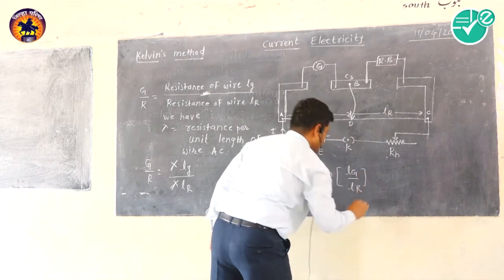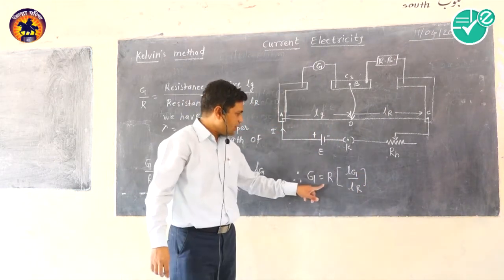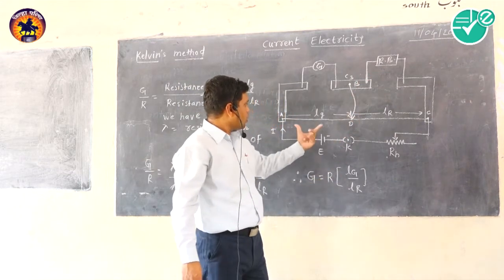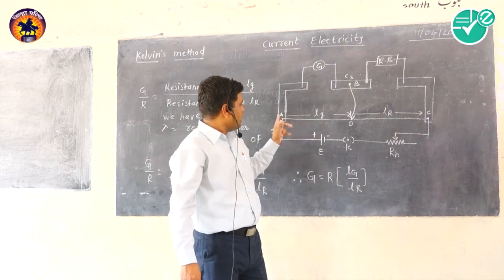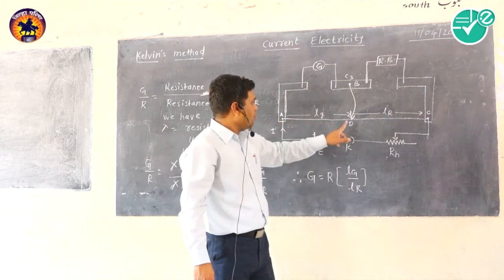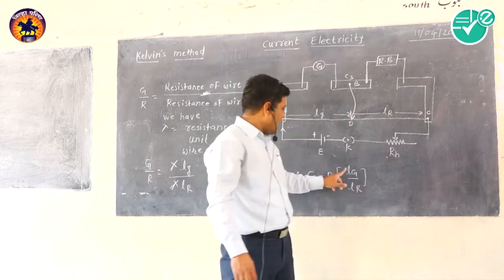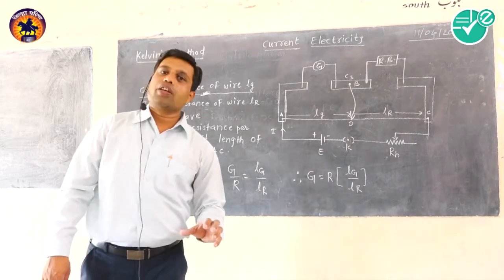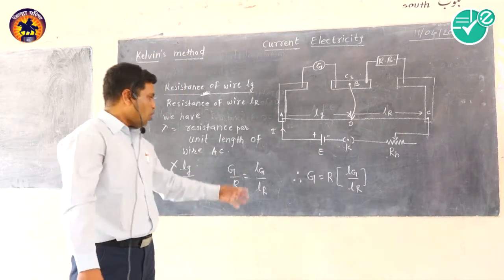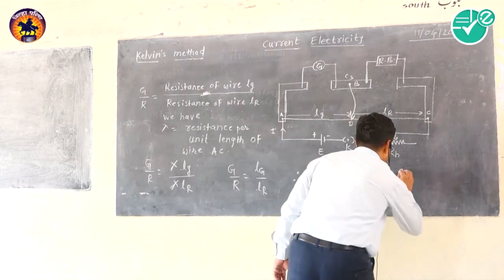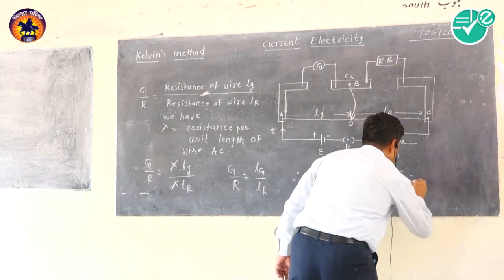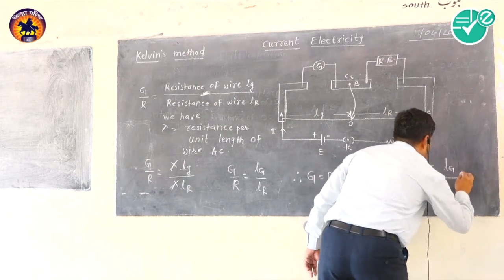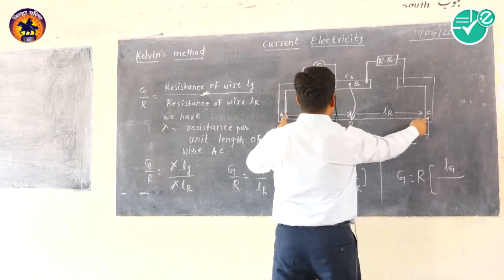With the help of this formula, if we have a known value of R from the resistance box, we can measure the length LG by meter scale, and we also measure the length LR, and by putting these values you can calculate the value of the galvanometer resistance using Kelvin's method. Or this formula can also be written as G is equal to R (LG) over LR, where LR means 100 minus LG.